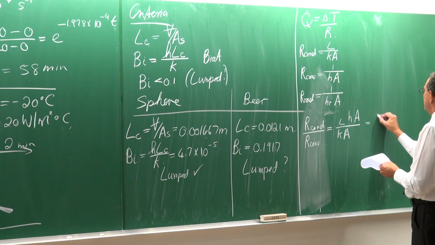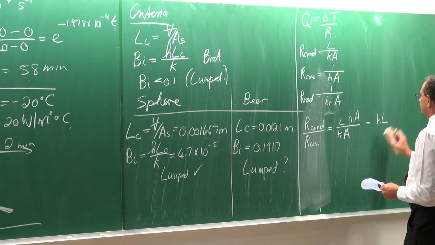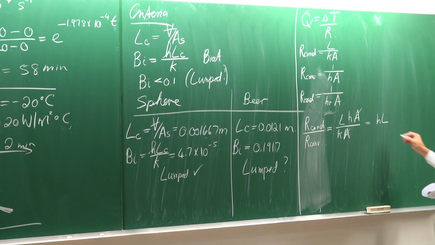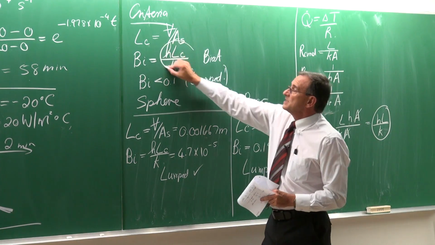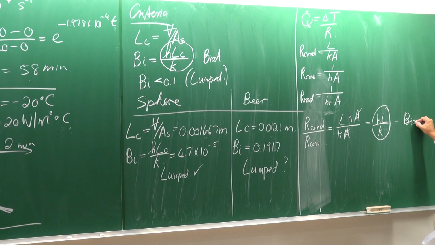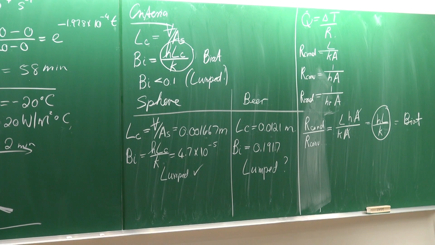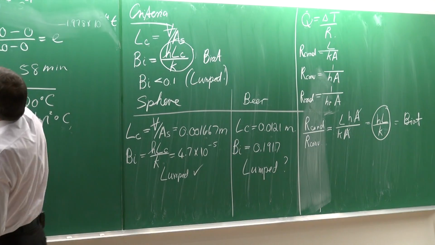The ratio is equal to the heat transfer coefficient multiplied by L, the areas cancel out, divided by k. And if we compare that, we see it is the Biot number. So the Biot number, by definition, is the ratio of conduction resistance to convective resistance. Are you all happy with that, ladies and gentlemen?